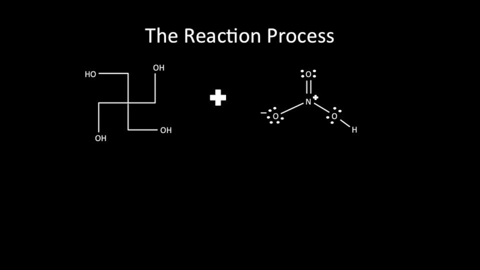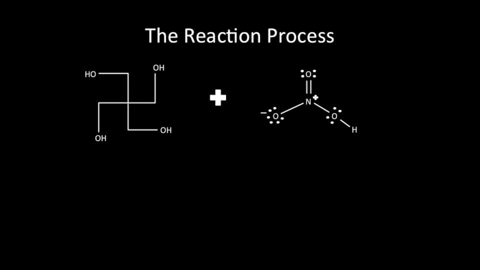As the bond between the oxygen in pentaerythritol and the hydrogen in nitric acid is formed, the bond between the oxygen and the hydrogen in nitric acid is being broken. This process now gives the hydroxide group in pentaerythritol an additional hydrogen. This is very unstable for oxygen since it does not like to hold that extra bond.